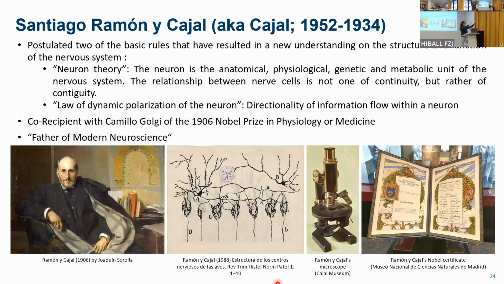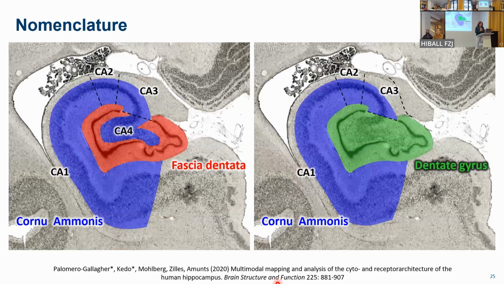Cajal was a genius concerning this matter, but he hadn't a clue what he was talking about concerning this other matter here, right? So everything that he postulated up to now has been confirmed with our advances.